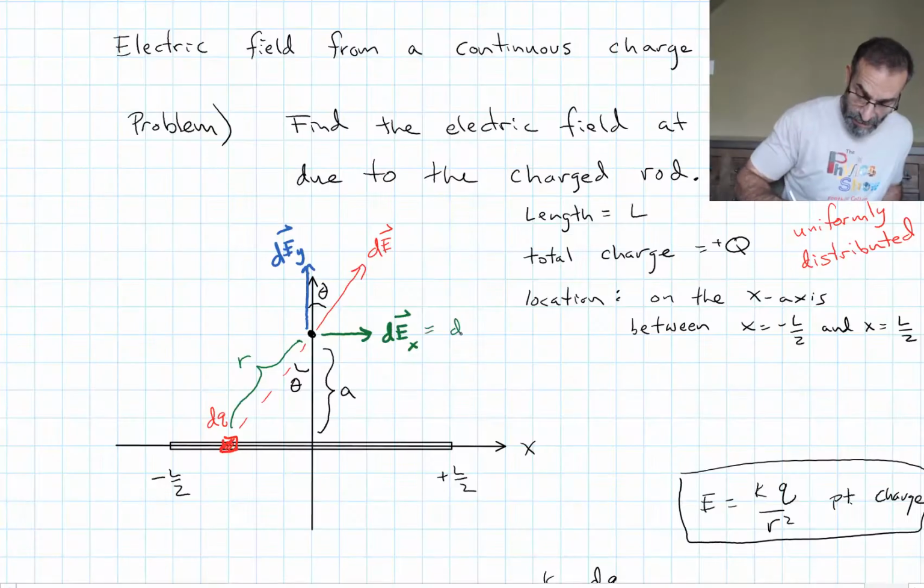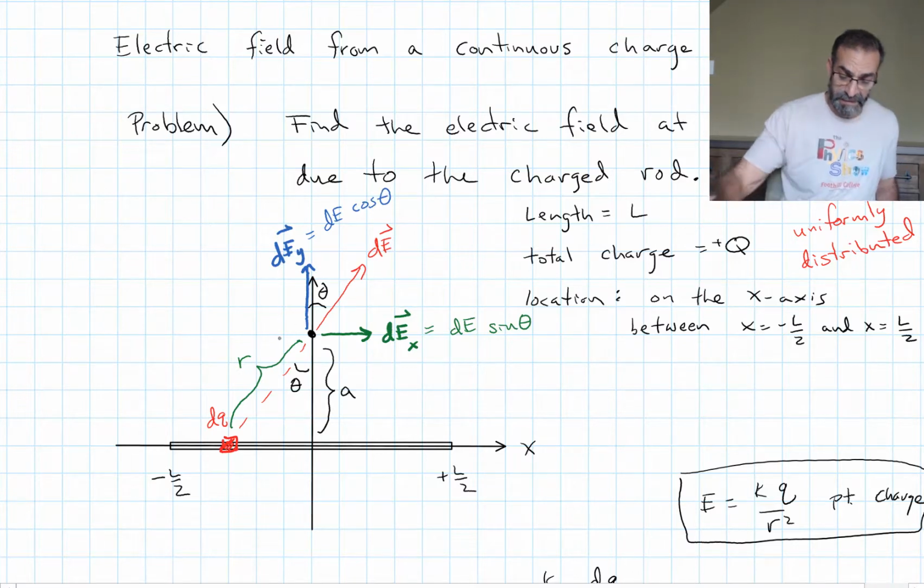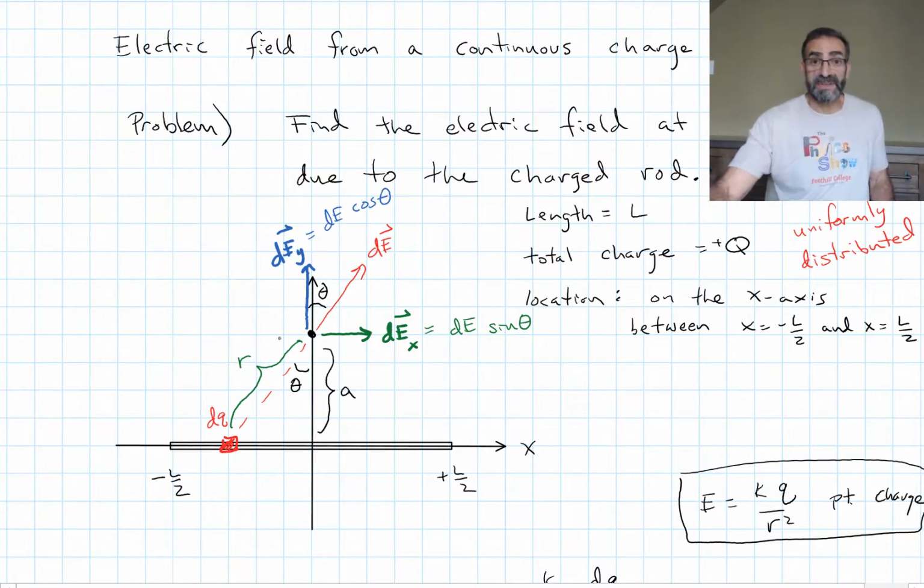So this is the hypotenuse times the sine of theta. And this one is the hypotenuse times the cosine of theta. Take a look at that. Make sure you convince yourself that that's correct. If you have any questions, be sure to ask and get it straightened out.